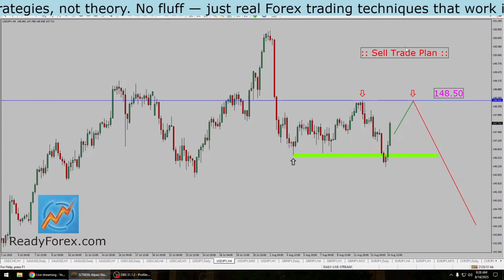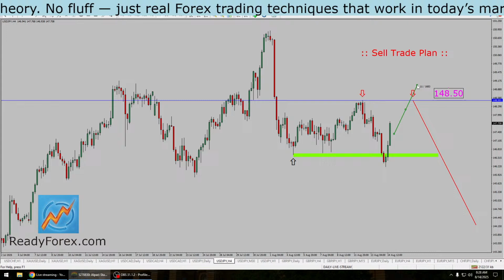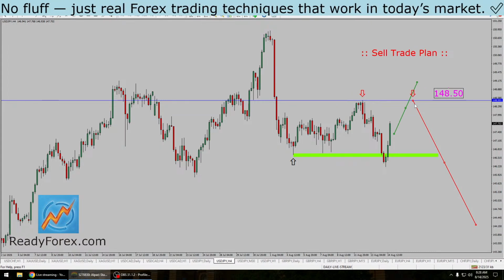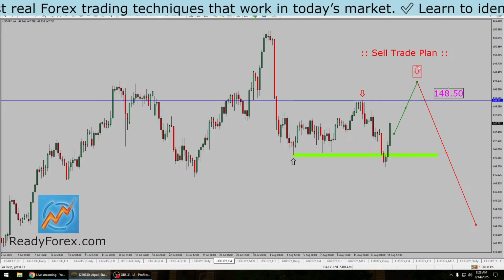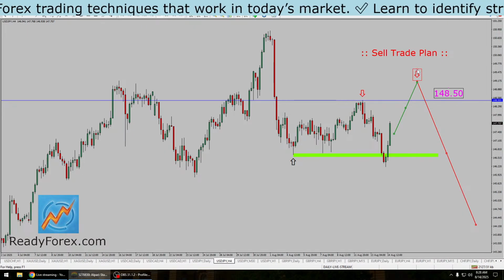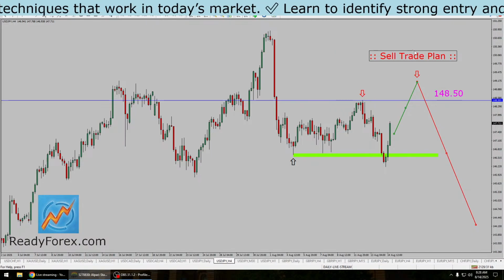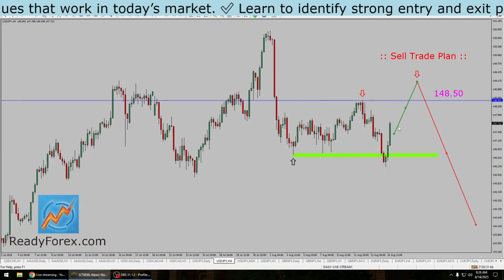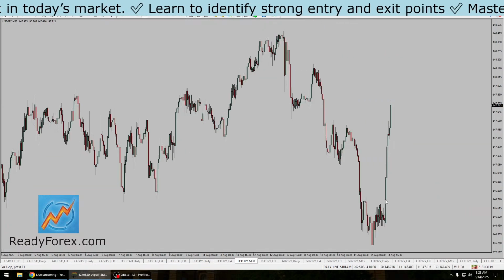So I might be looking for a potential sell trade plan up here again, but first I would like it to show me a bullish breakout, something like this, and when everyone starts thinking that the USD yen is going up, that's the time I'm interested to look at a potential sell trade. So USDJPY, nice bullish rally.